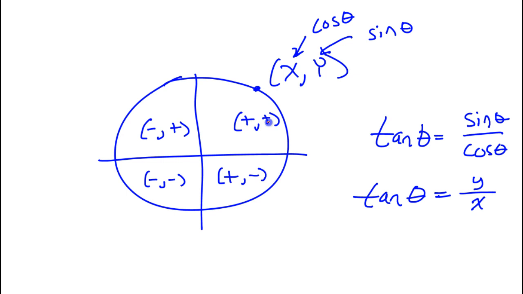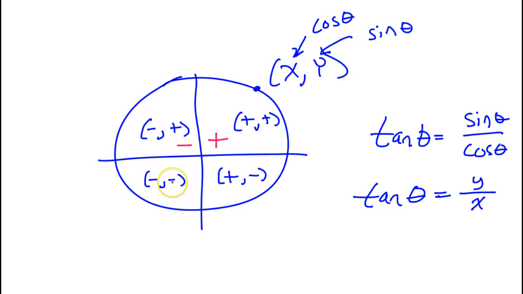So this is the y value, this is the x value. So if I want to do the tangent, it's going to wind up being y divided by x, a positive divided by a positive. Well, guess what? A positive divided by a positive is a positive. So tangent is positive in this quadrant. In this quadrant, I will wind up doing a positive divided by a negative. A positive divided by a negative is a negative.